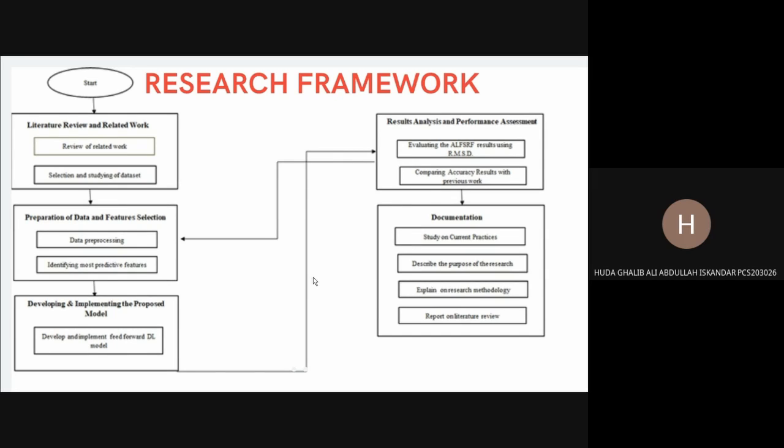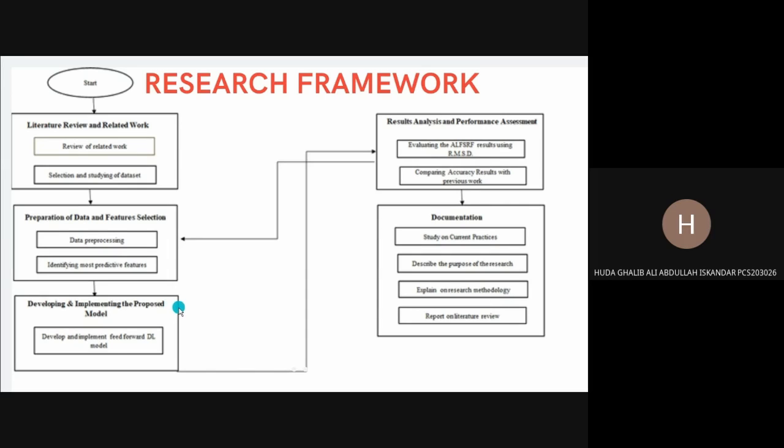The second stage is the preparation of data and feature selection. Data pre-processing techniques are required to manage some noise and some missing values in the dataset. And in the second step, we need to identify and select the most predictive features to maximize the model accuracy.